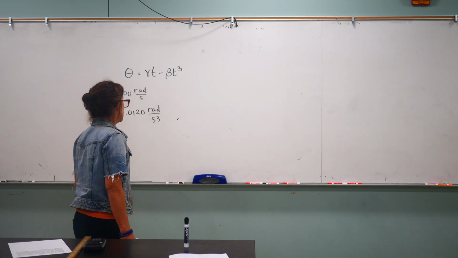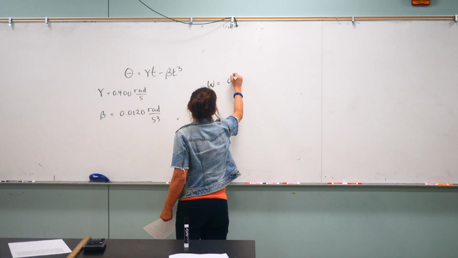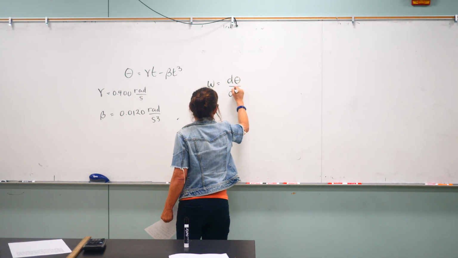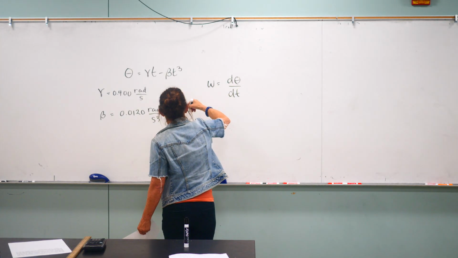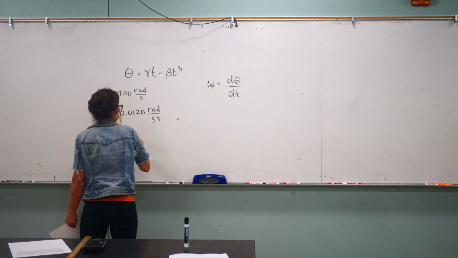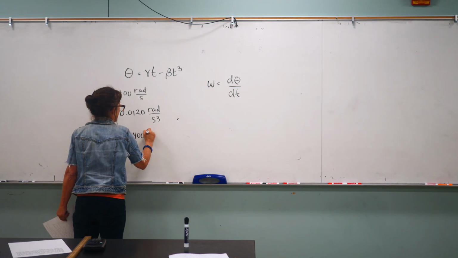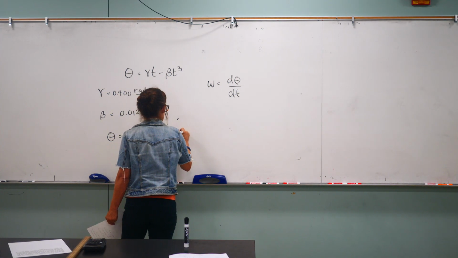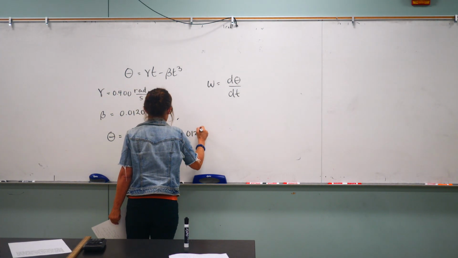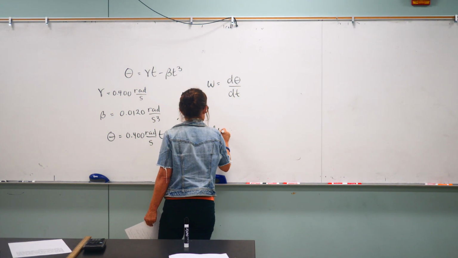All right. So omega equals d theta dt. Let's write this as theta equals 0.400 radians per second t minus 0.0120 radians per second cubed t cubed.